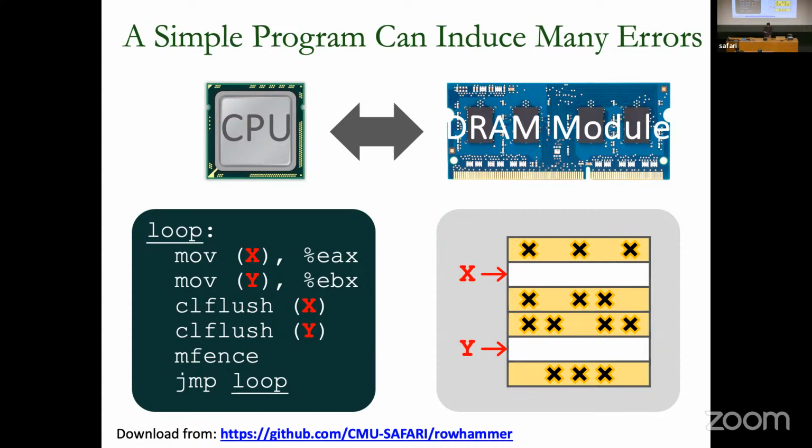You just repeatedly access memory addresses, let's say X and Y, and then you flush them from the cache to make sure that you are indeed accessing the DRAM itself. And then you use an M-fence to make sure the accesses are complete, and then you just keep doing it over and over again. Then you can induce bitflips in the DRAM rows that are adjacent to the DRAM rows that the memory addresses X and Y point to.